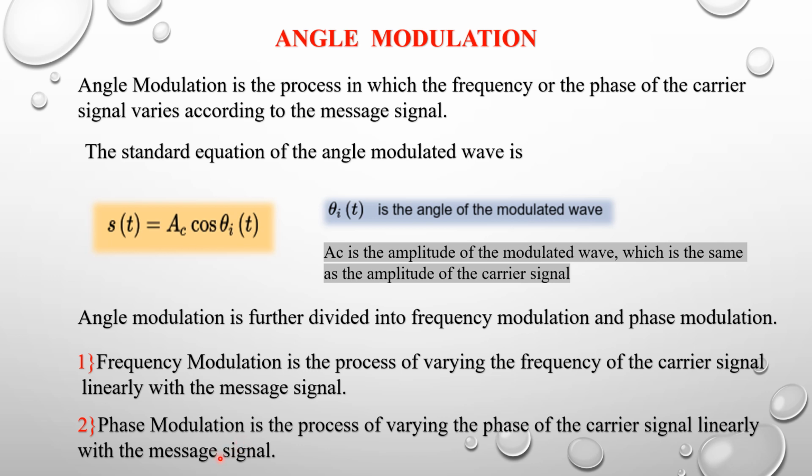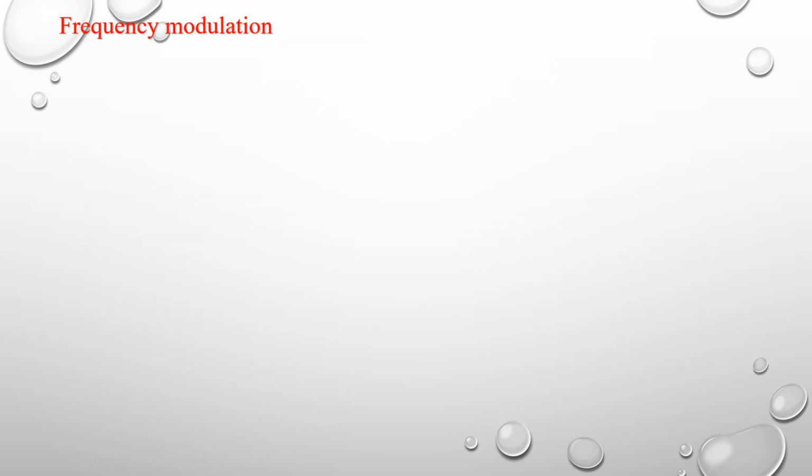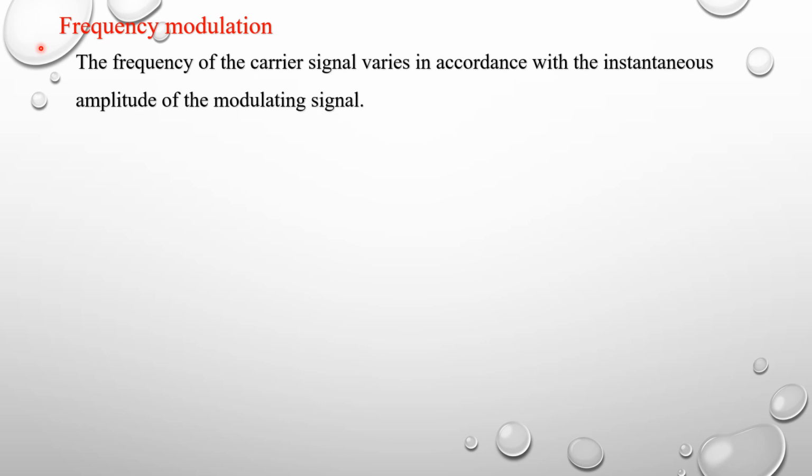Let us discuss these two modulation techniques in detail. In frequency modulation, the frequency of the carrier signal varies in accordance with the instantaneous amplitude of the modulating signal.